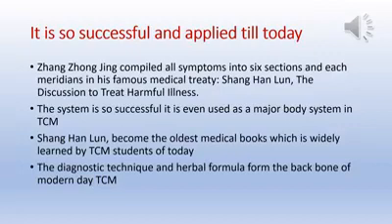The system is so successful, it is even used today as a major body system in TCM. So Shang Han Lun became the oldest medical book which is still widely learned by TCM students even until today. The diagnostic technique and the herbal formula form the backbone of modern day TCM. So Zhang Zhongjing is the father of TCM.